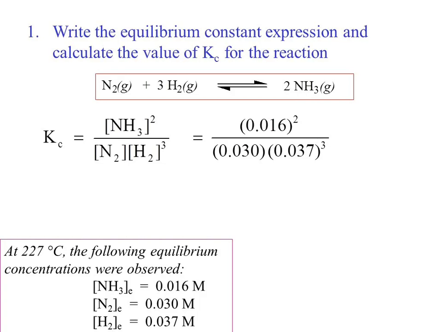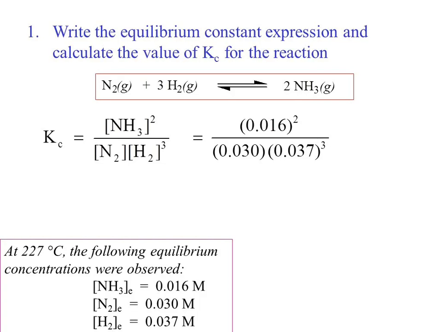Notice the little E means equilibrium concentrations. We had the ammonia equilibrium concentration of 0.016 molar, the nitrogen equilibrium concentration of 0.030 moles per liter, and the hydrogen equilibrium concentration of 0.037 molar. So we're just going to plug those into our equilibrium constant expression.